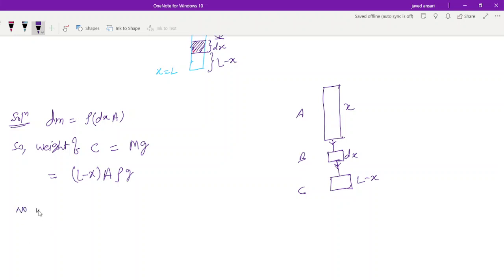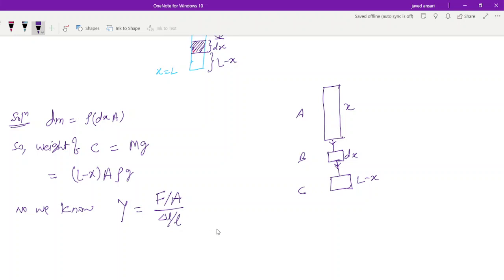Now we know Young's modulus Y equal to, sorry, I am telling it opposite. It is force per unit area, F by A, divided by change in length by original length.